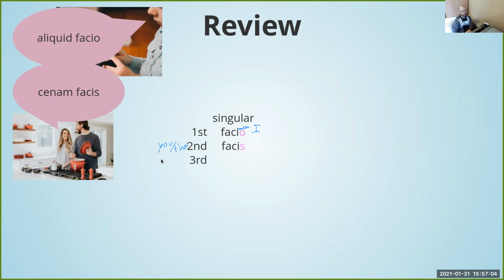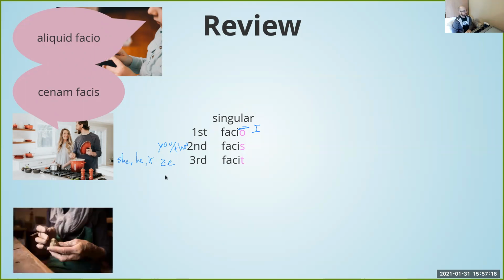The third person is she, he, or it, to be gendered. And that ends in Latin with a T. So that is describing an event. I might say, describing this picture, avem facit, she makes or is making a bird.